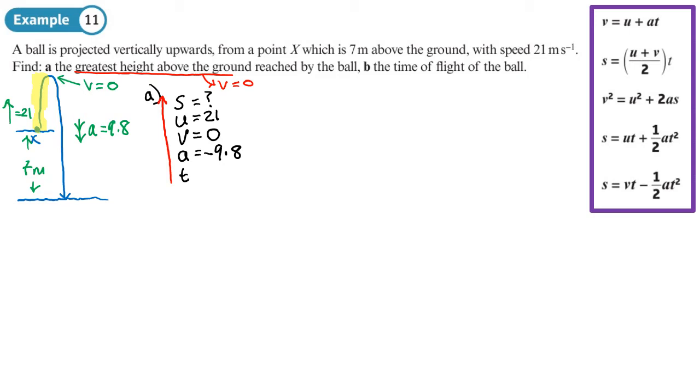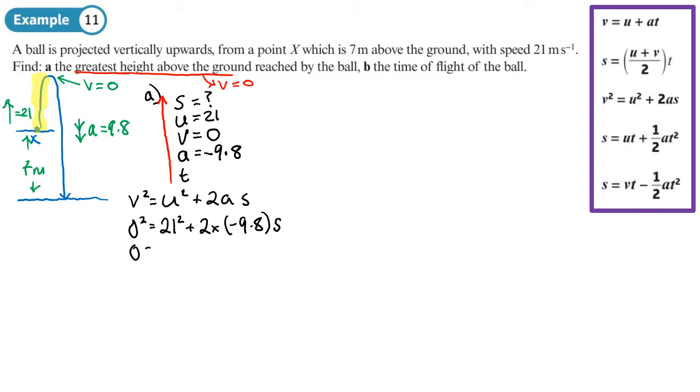So this is going to be the equation V squared equals U squared plus 2AS. V is 0, so 0 squared equals U squared, 21 squared plus 2 times negative 9.8 times S. So S is what I'm trying to find, so that's an S there, not a 5.